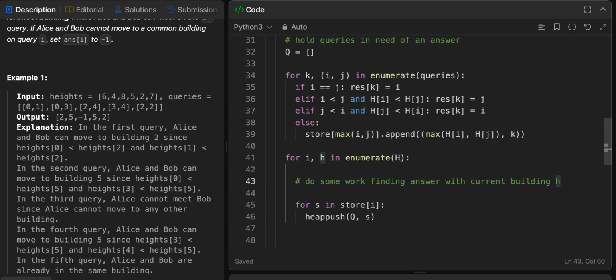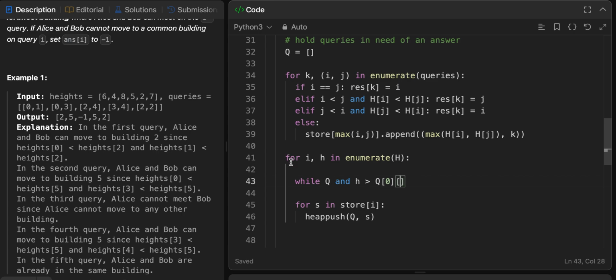Okay, cool. So this is a min heap. So what we'll do is we'll say, okay, while we have an element on the queue, we want to check if the current height, so if this height, is bigger than what? The first element on the queue, which is the minimum.